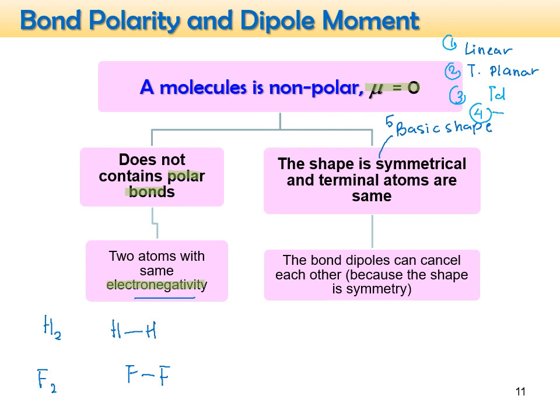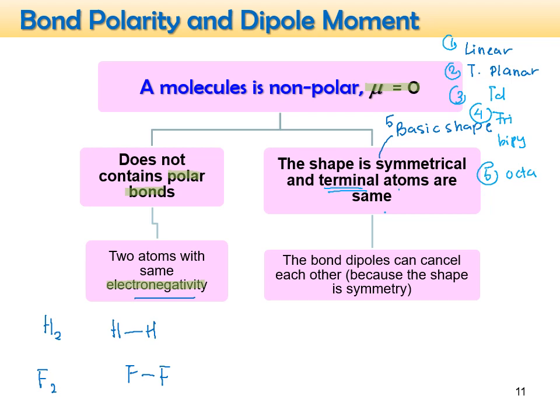Yang keempat adalah trigonal bipyramidal, and then the last one is octahedral. Okay, so syarat yang kedua adalah the terminal atom mesti sama. Barulah dia akan jadi non-polar molecule. Means the bond dipole can cancel each other because the shape is symmetry.